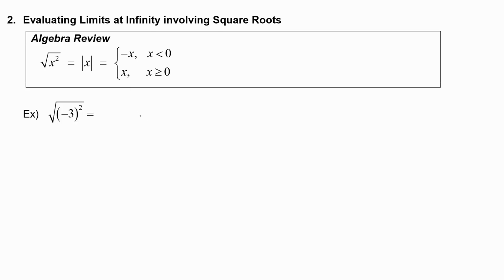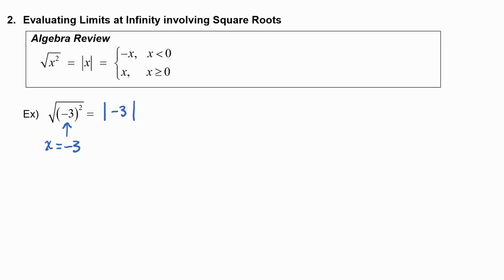Let's explore this definition. Looking at this example, we have to take the square root of the quantity -3 squared. Well, using this definition, we know that we are going to take the absolute value of our x value. And now here, x is -3. So we are taking the absolute value of -3.